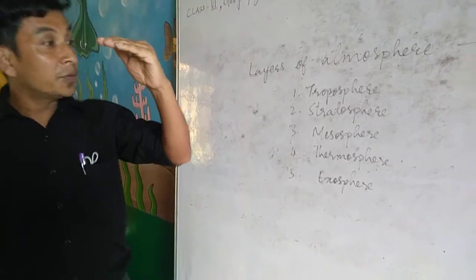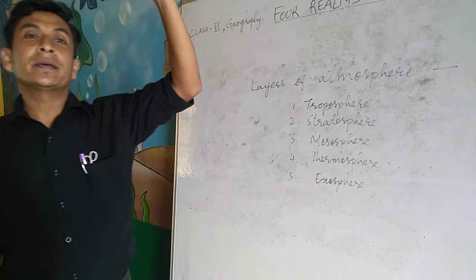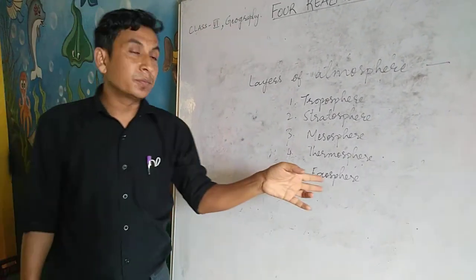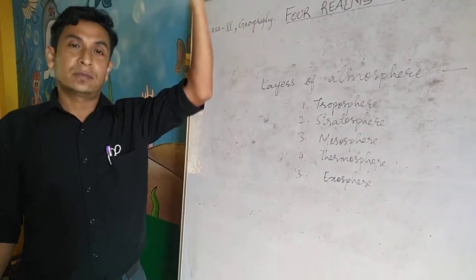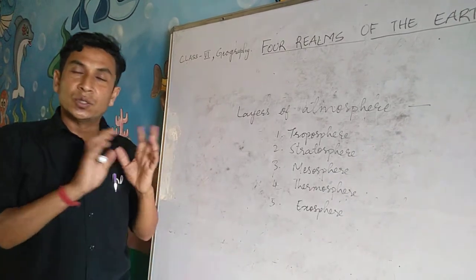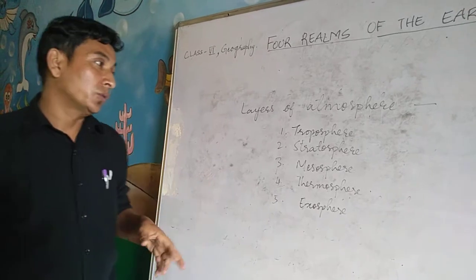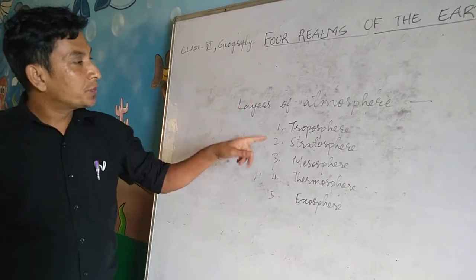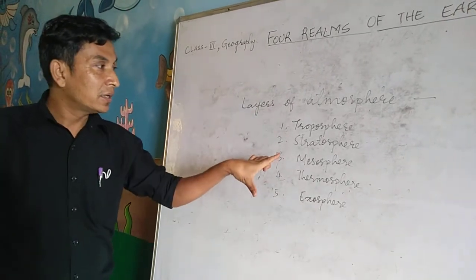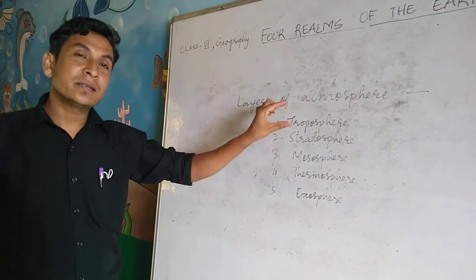Thermosphere lies above the mesosphere, and the ultimate layer of the atmosphere is the exosphere, and beyond exosphere the space begins. That means there are no gases, no air. So my dear children, troposphere, stratosphere, mesosphere, thermosphere, exosphere, these are the different layers of the atmosphere.